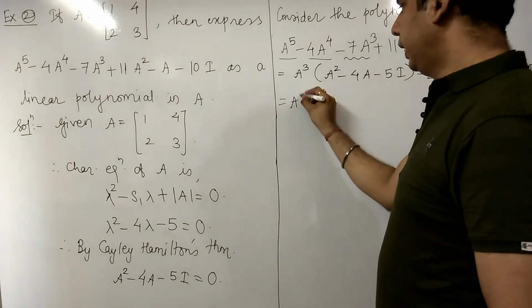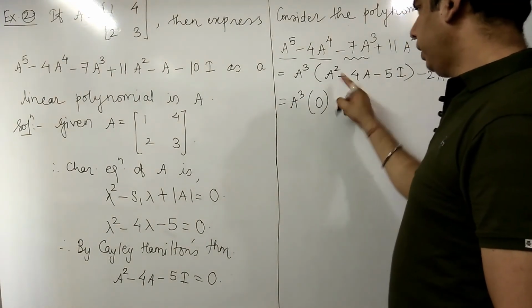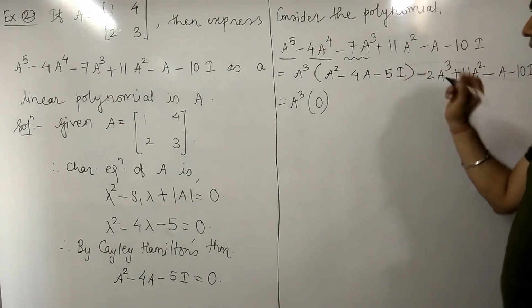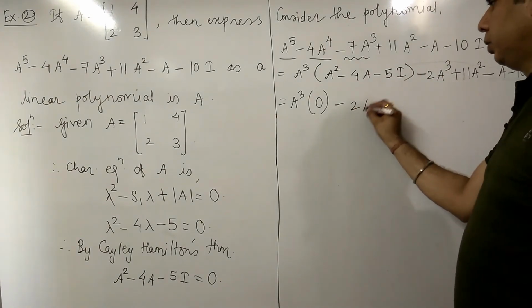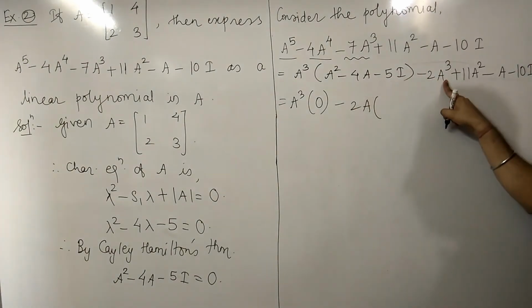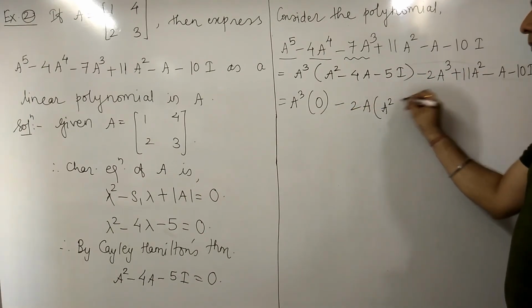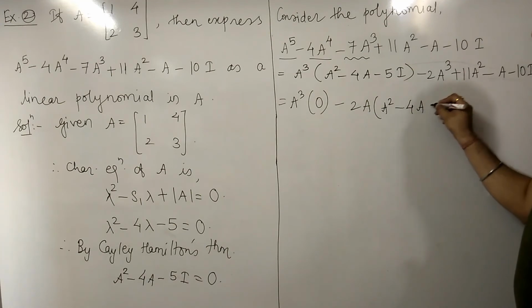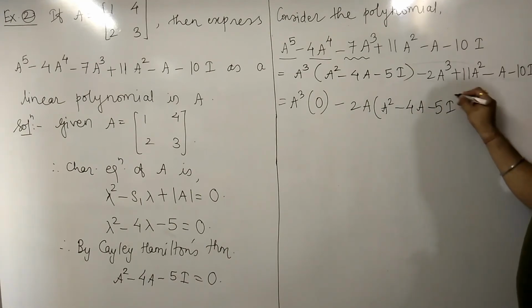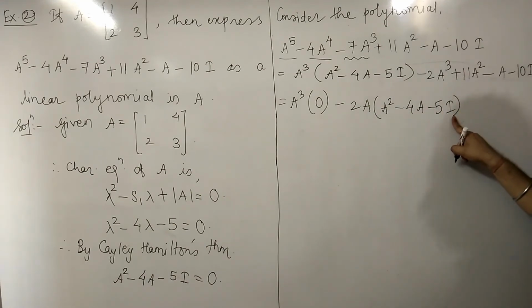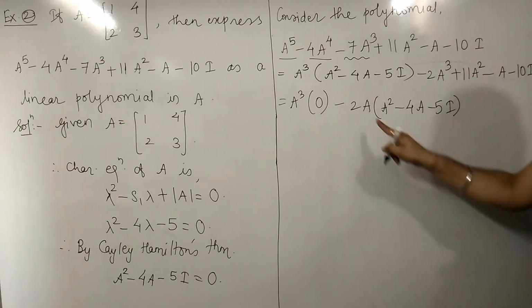So this is A cube into this, which will be replaced by the null matrix, and then minus, you can take 2A common here and again write down the same polynomial which we have obtained by using Cayley-Hamilton theorem. So it is A square minus 4A minus 5I. So again make the proper arrangements.